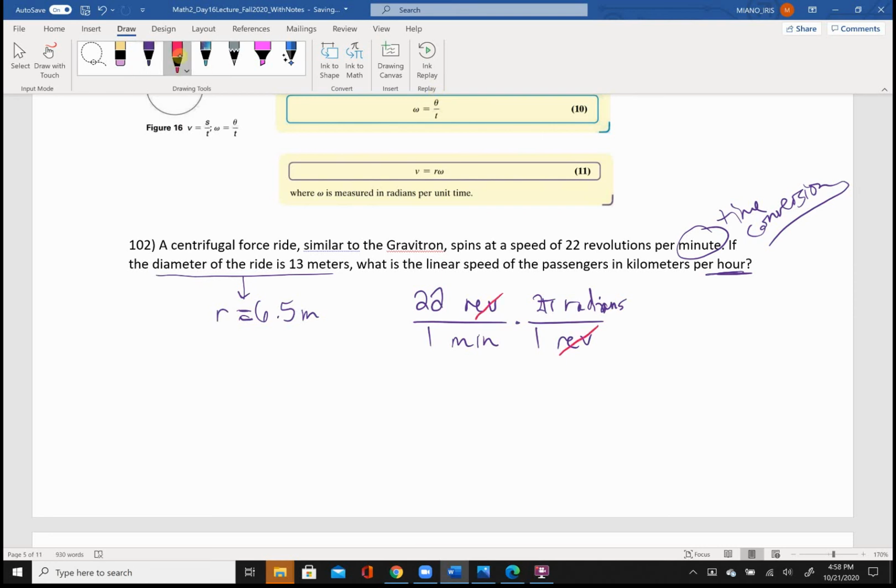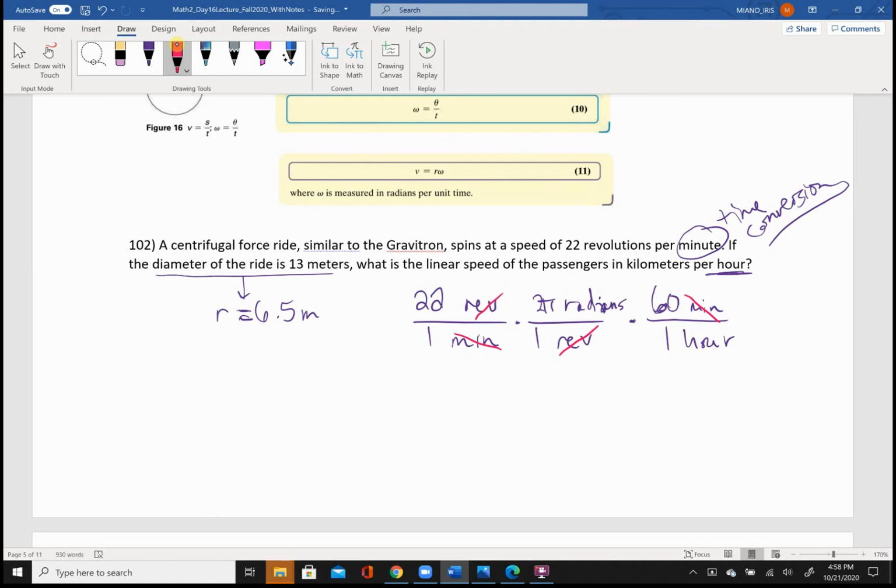Now I'll multiply 22 times 2 times pi, and that's the number of radians. But wait, I need to convert these minutes into hours, right? So I need one more unit conversion. I need 60 minutes to go into the mix, and note in this unit ratio that it's equivalent to 1 hour. Now those minutes are going to cancel, and I'll have radians over the number of hours.